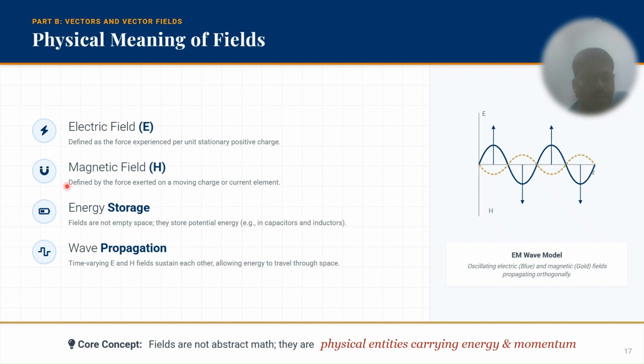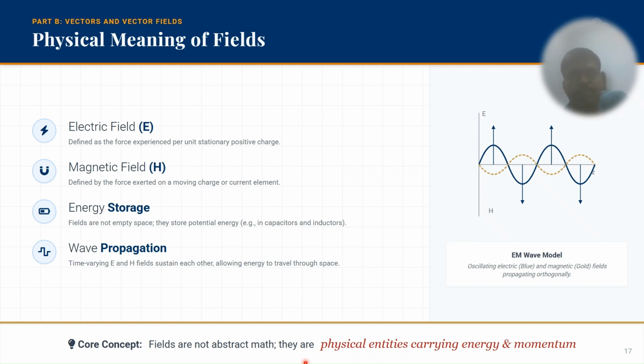The physical meaning of the vector, electric field and magnetic field, has already been discussed. In energy storage we also use vector fields, and in wave propagation and time varying fields we also use vector fields. The core concept is that fields are not abstract; they are physical entities carrying energy and momentum.